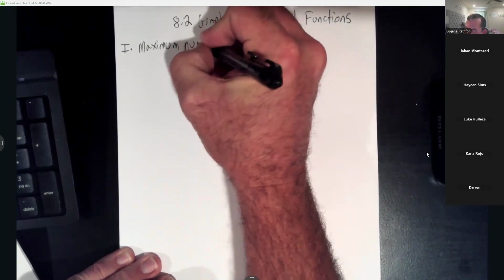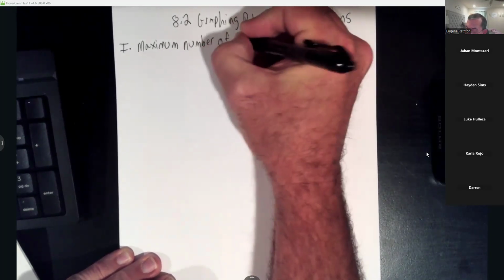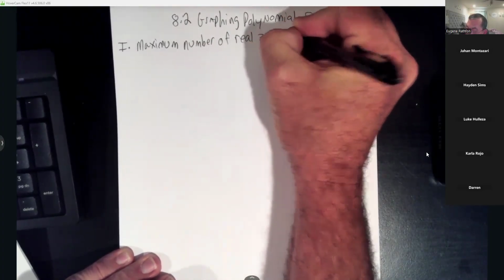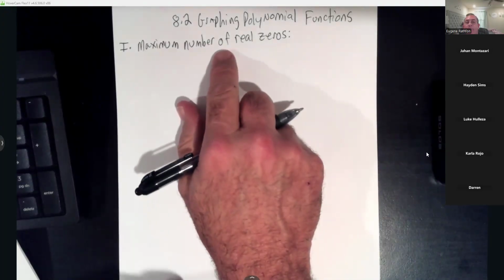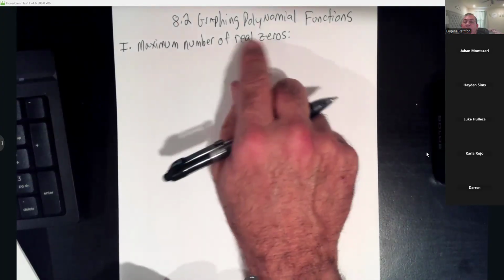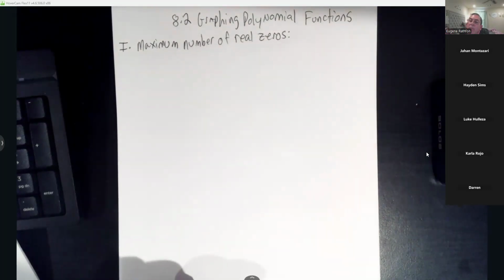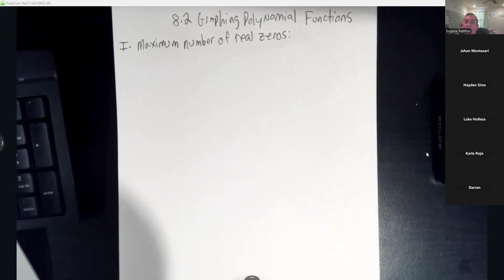number of real zeros. All right, y'all, the maximum number of real zeros are the points where the graph is crossing over the x-axis, okay?